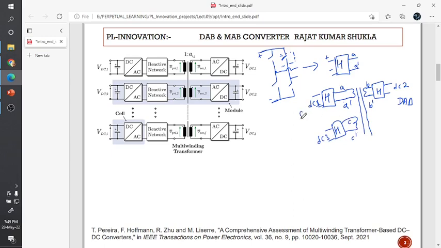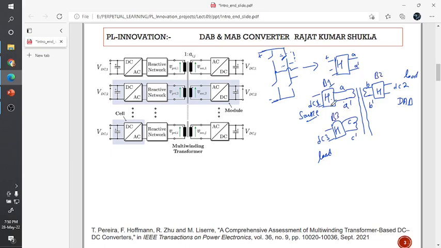Let's say this is a source bridge, and these are load bridges, where we have to maintain the phase shift phi in such a way that this H bridge, named bridge B1, is the source bridge. Power should be transferred from B1 to the B2 or B3 side.